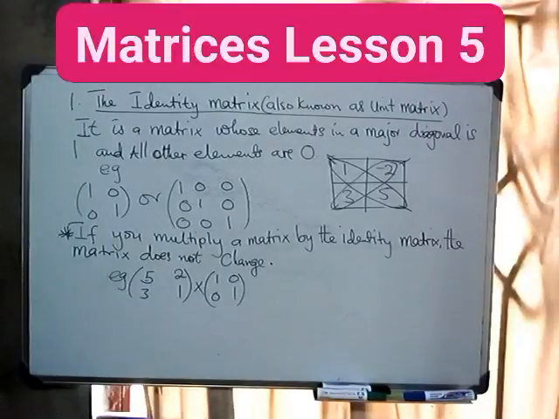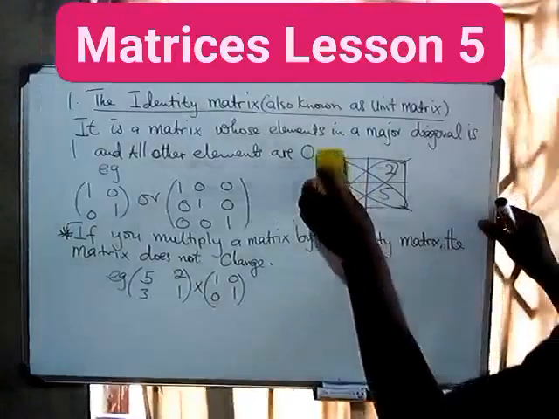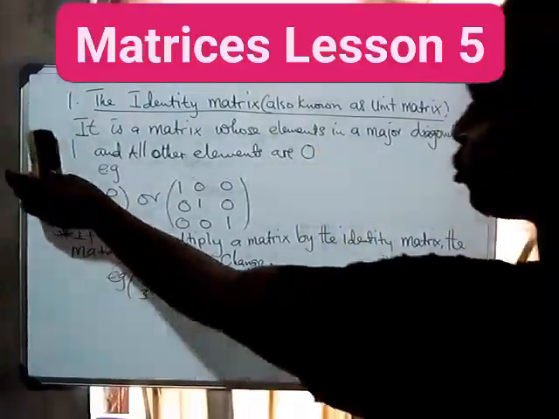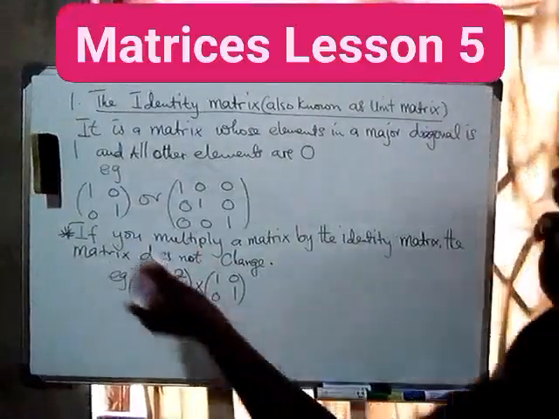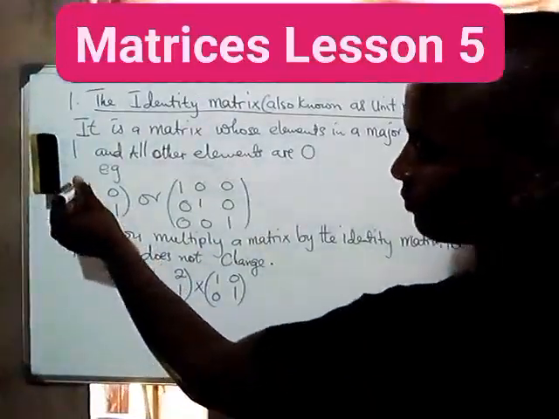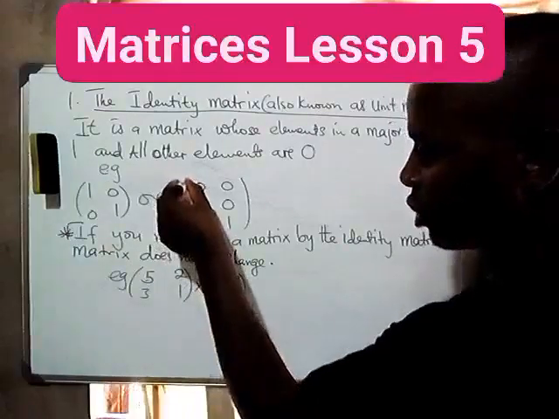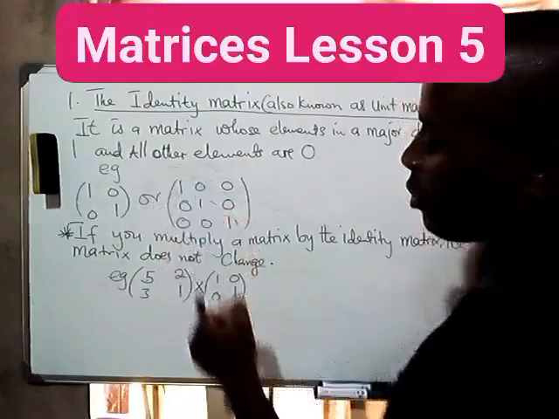So an identity matrix is a matrix whose elements in the major diagonal are 1. For example, this one which we have, this is the major diagonal, and the elements are 1. Even here, the elements are 1.